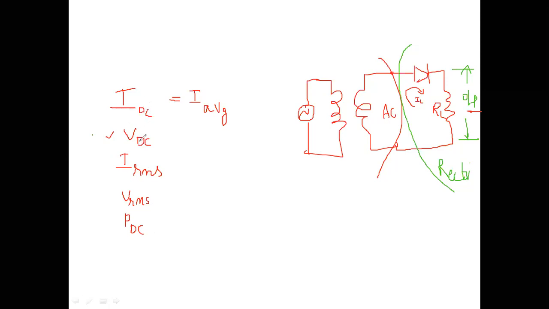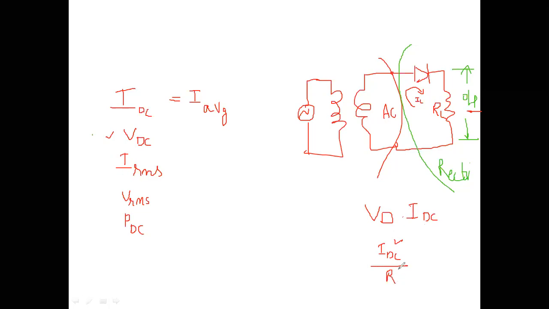Or simply I can write IDC square into RL, because PDC equals VDC into IDC, or I can write IDC square by RL.